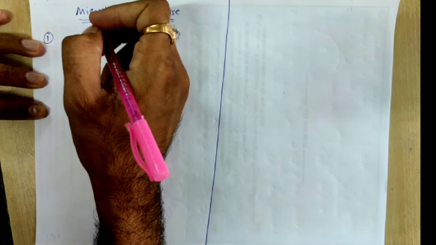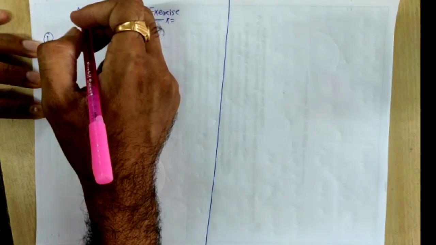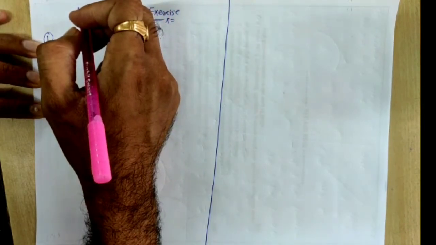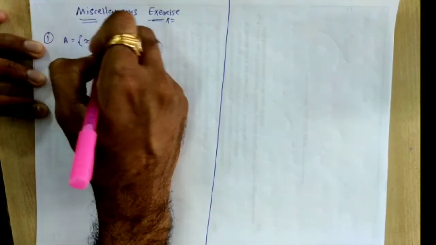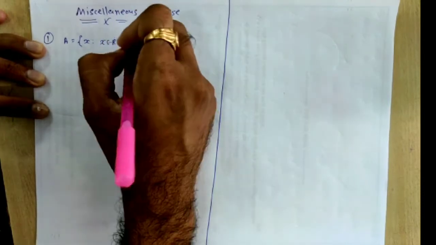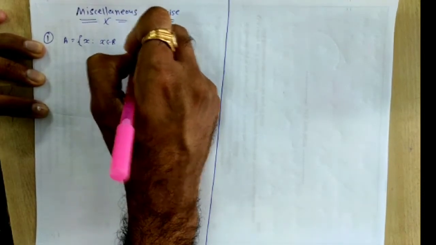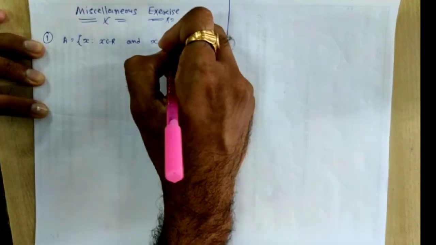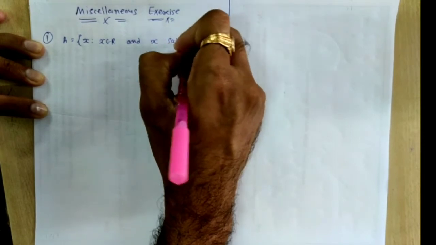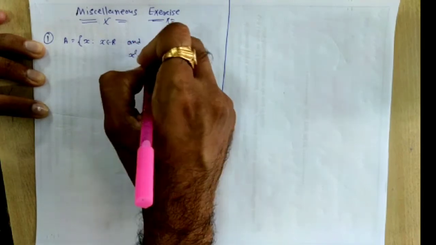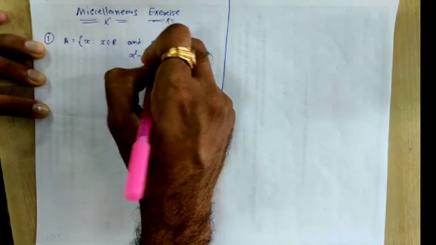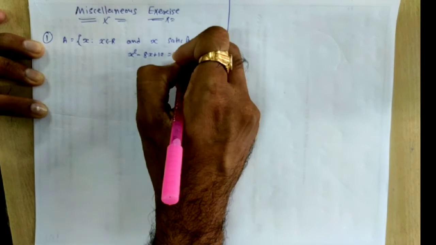Set A is x where x belongs to R and x satisfies the condition x square minus 8x plus 12 equal to 0.